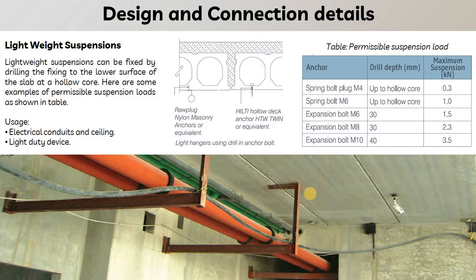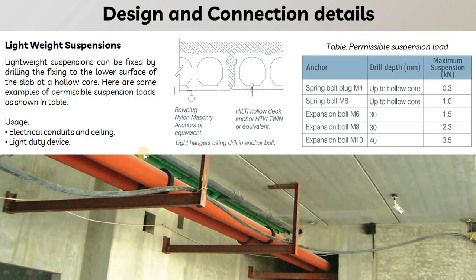Let us see how special kinds of suspensions can be used to line up the MEP requirements. Lightweight as well as heavy suspensions can be connected below the hollow core slab.